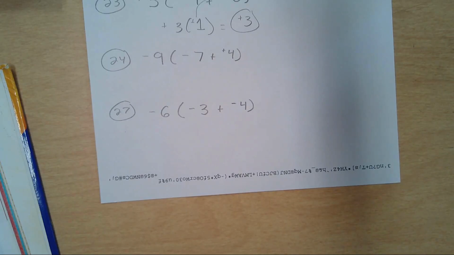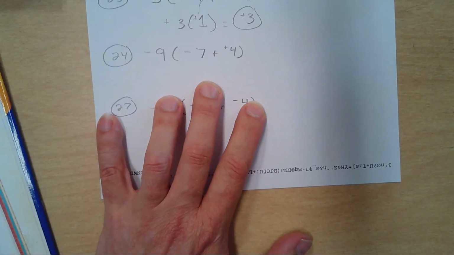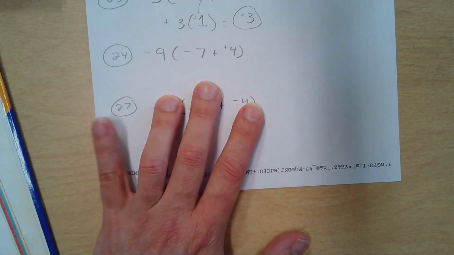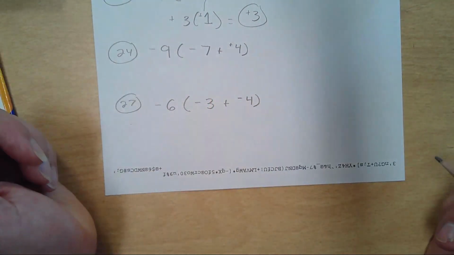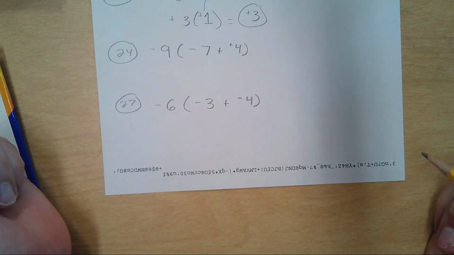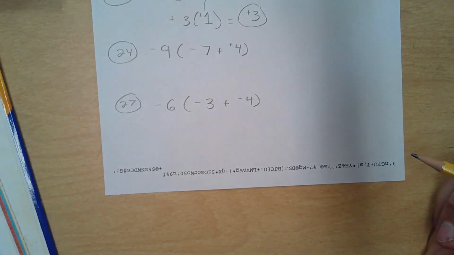All right, you ready? All right, 24. So help me out. First, I need to know the answer to my adding problem. Roland. So take all the signs off. 7 plus 4 is 7, 8, 9, 10, 11. No, and then you gotta put the sign.